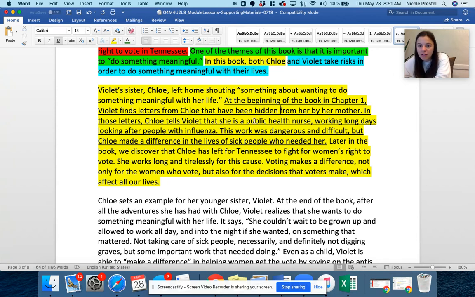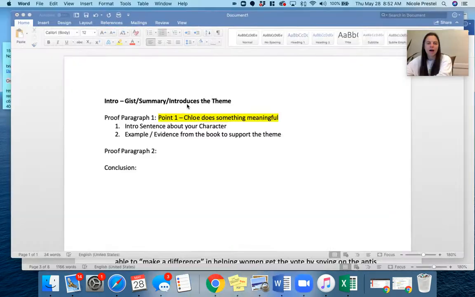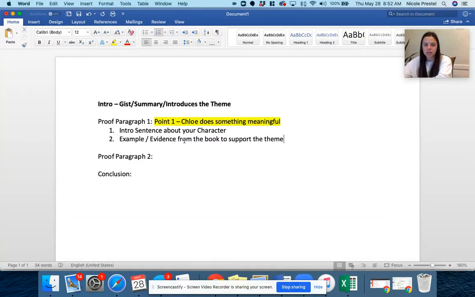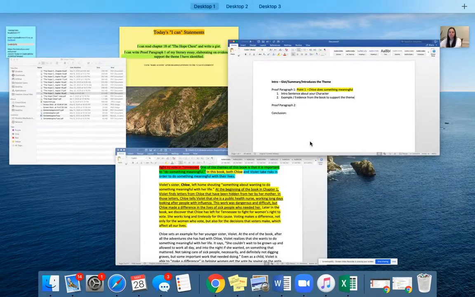And that was very meaningful because it was very dangerous for her to do that. So this is all an example of that. This is about 1, 2, 3 sentences. Yours doesn't need to be that long for one example, right? You can give me a 1-sentence example of how your character has done something meaningful or whatever your theme is. And so then we have intro sentence about your character, example / evidence from the book to support the theme.